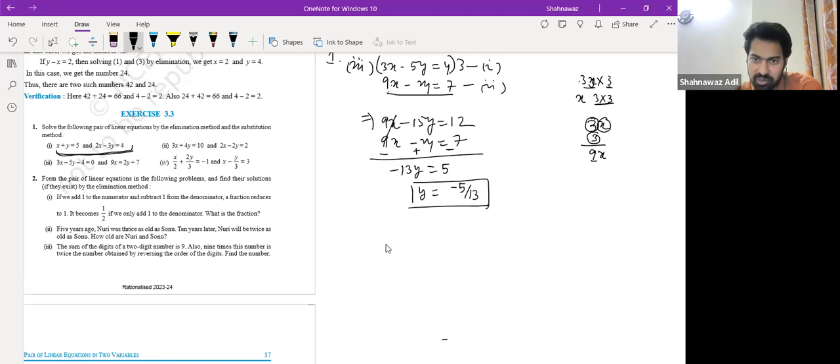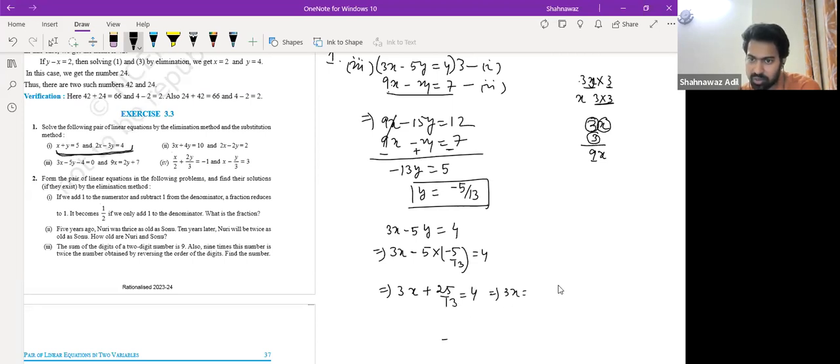And 3x minus 5y was 4. So 3x minus 5 into minus 5 by 13 equals 4. So this would be minus 5 into minus 5, which is 25. 25 by 13.